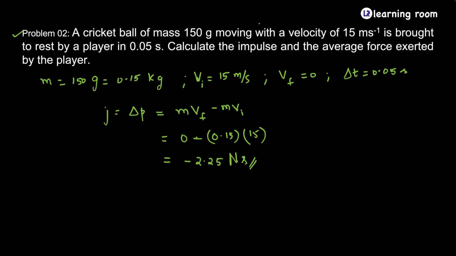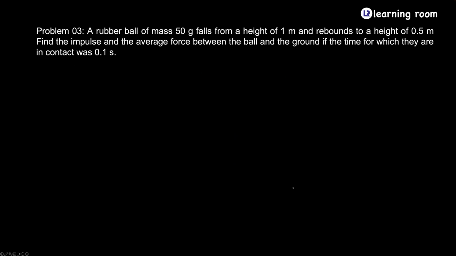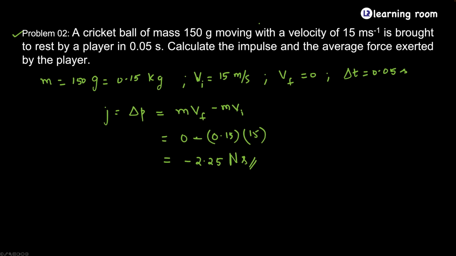The next question is, calculate the average force exerted by the player. So we know that impulse is equal to force, external force, into delta T. So J divided by delta T is going to give us the force.